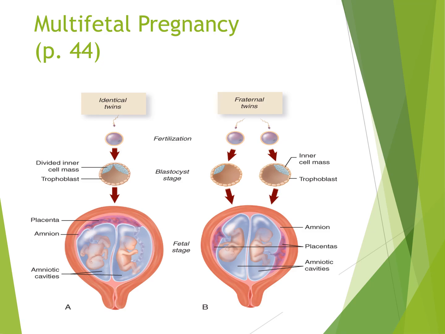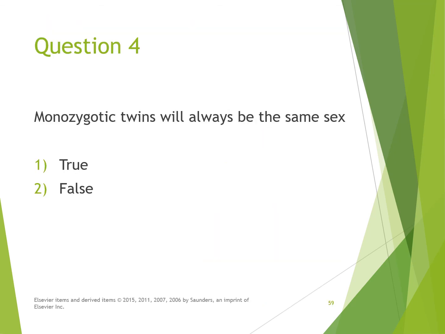So that's what differentiates them. So, will monozygotic twins always be the same sex? Yes, true. Mono, one. Mono means one placenta, one sac. Those are the most dangerous of all twins to be pregnant with.